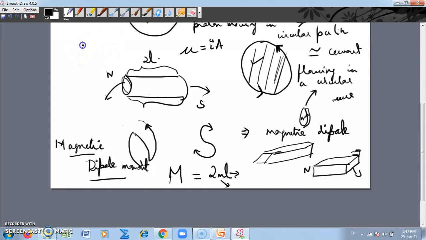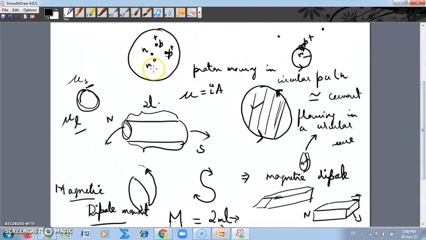One is around its own axis, which, because it is spinning, gives rise to mu s, and then it also moves in an orbit, so it gives rise to mu L. So we have the orbital magnetic dipole moment and the spin magnetic dipole moment. So this is about the magnetic moment of a proton.